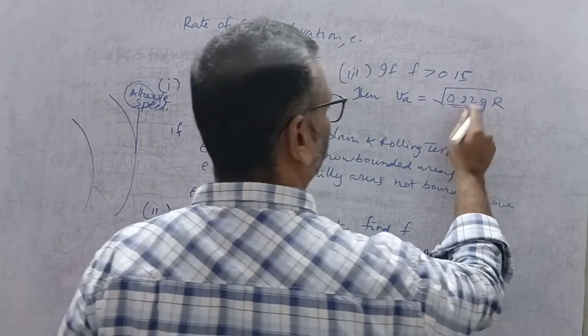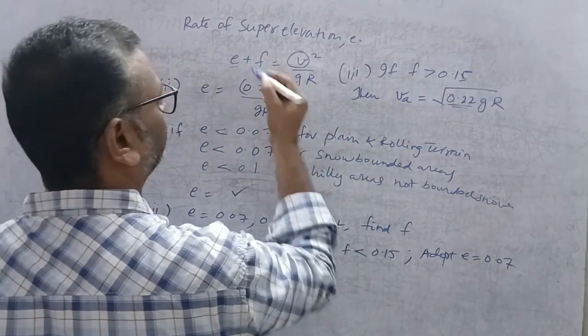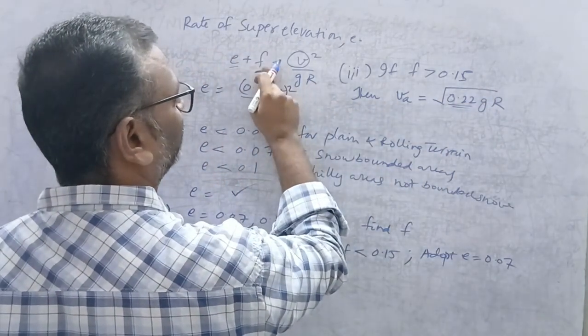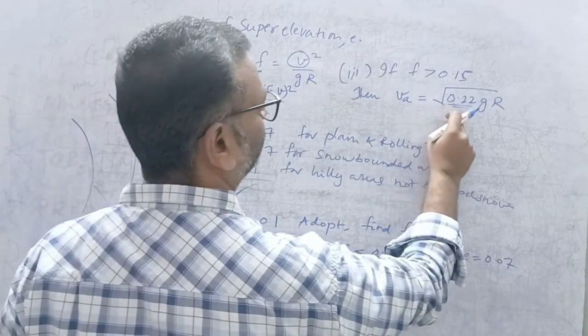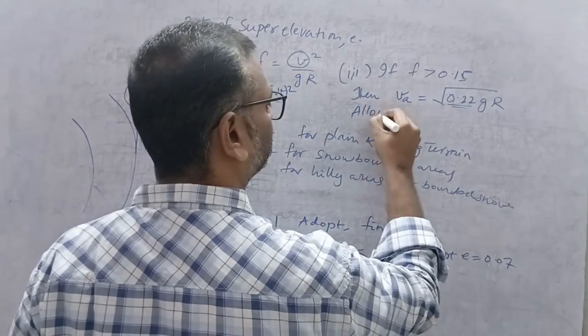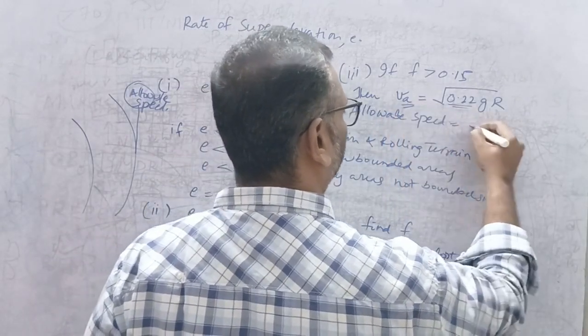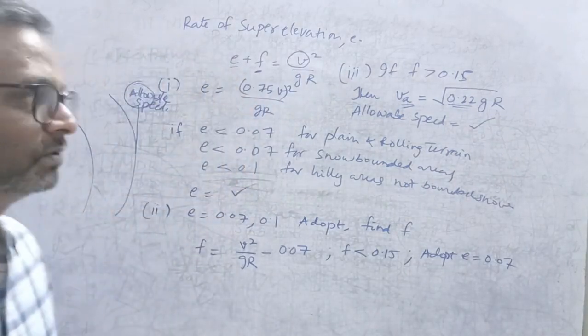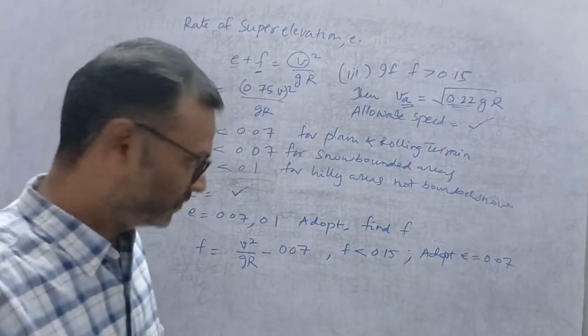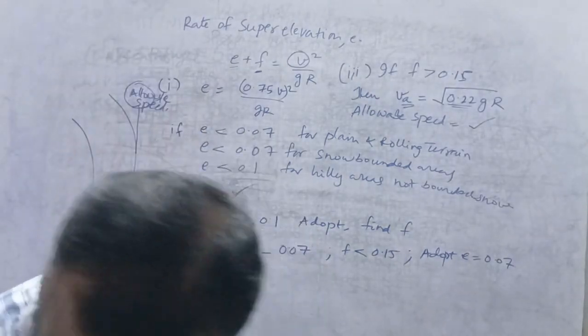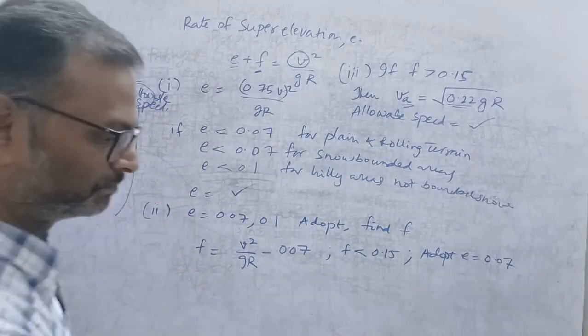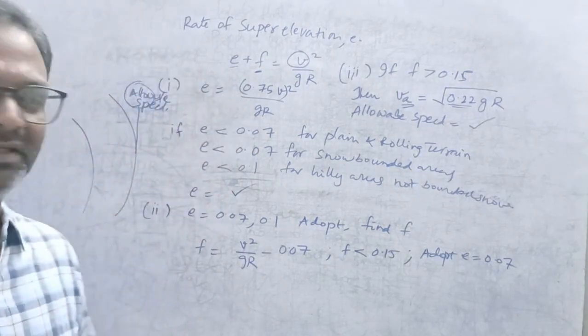This 0.22, what is this? This is 0.07 plus 0.15, which becomes 0.22. So the allowable speed is this one. Got it? Now also at the curves, what will happen? We will see extra widening.